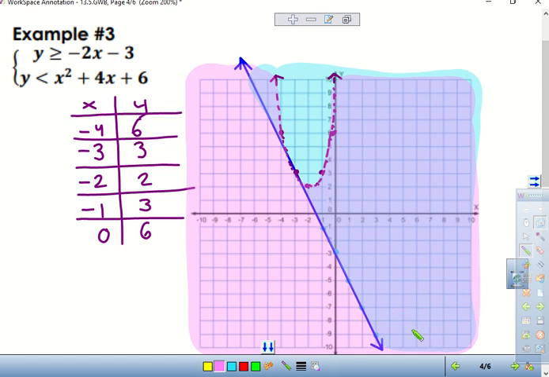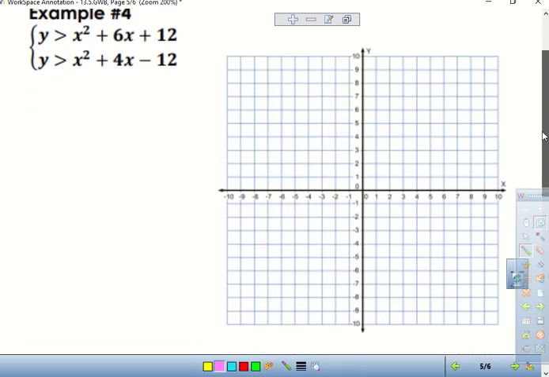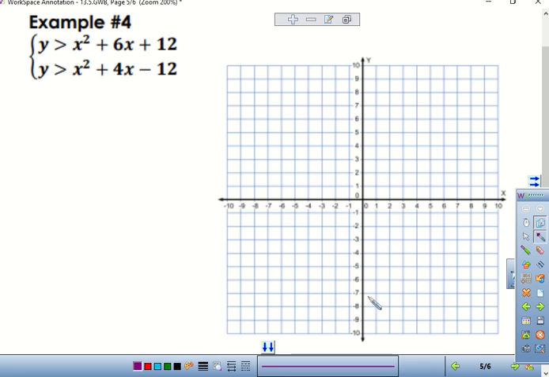So any questions about that one? No? All right. The next one is both quadratics.